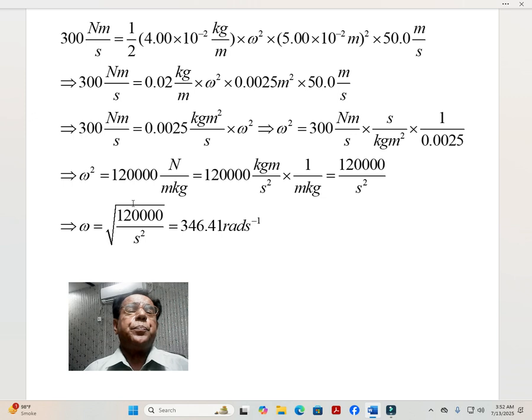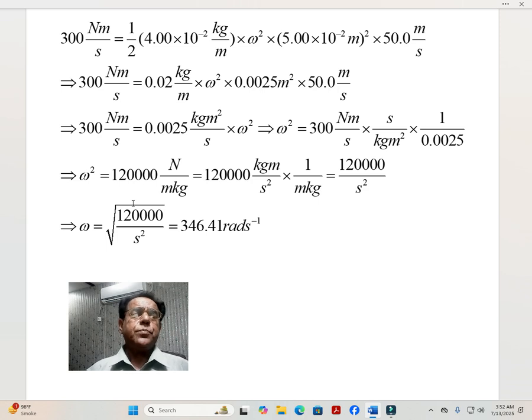But we know that the unit of angular frequency is radian per second, because wherever angle is involved, radian is involved. So the unit of angular frequency is always radian per second.